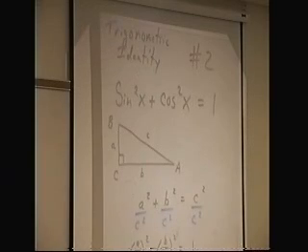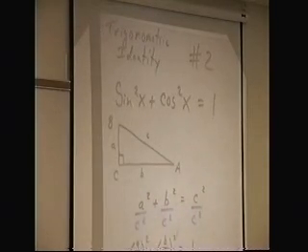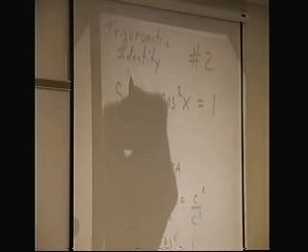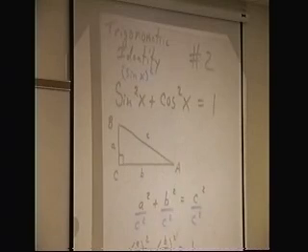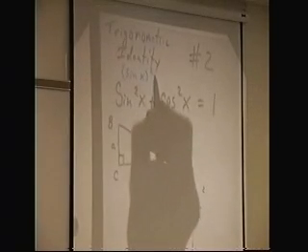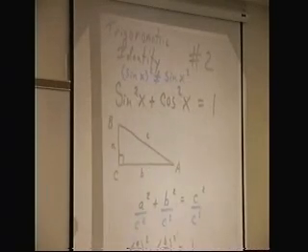Now, I want you to notice something. Does everybody see that I put the square outside of the parentheses here? What we don't want to do is you don't want to get this thing right here. This means the same as this. It's not the same as this.